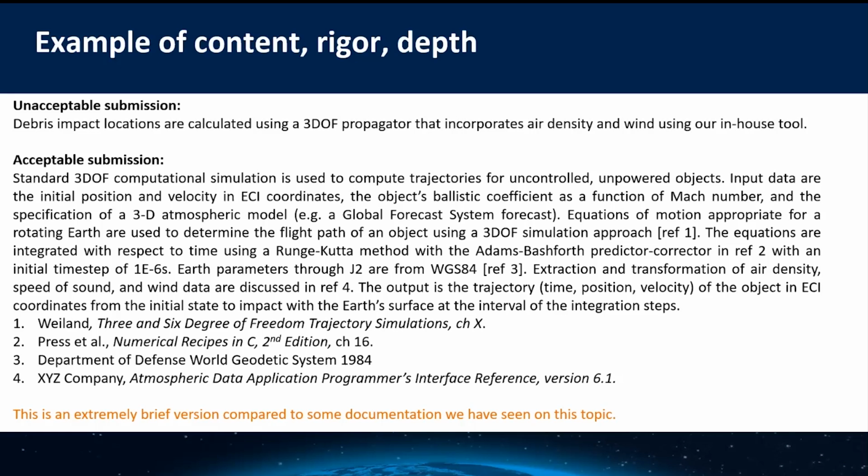It also lists any assumptions made to facilitate the propagation and the expected output of the process. In this case, that expected output is the time, position, and velocity. So we have inputs, we have the process, and then we have the output.